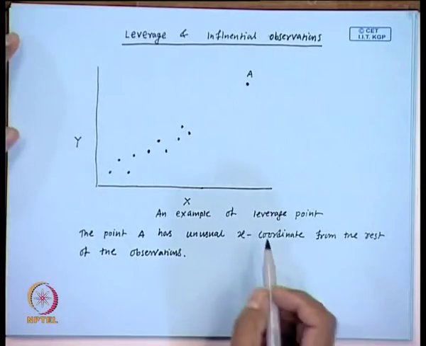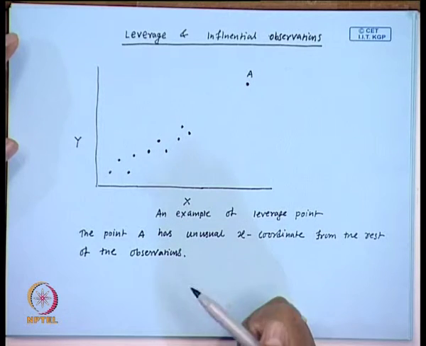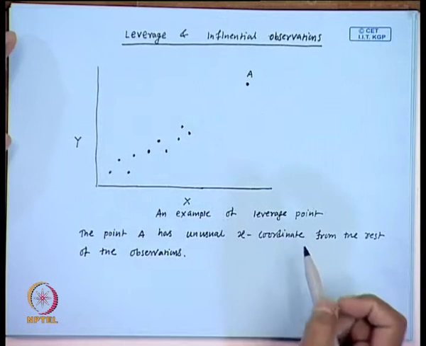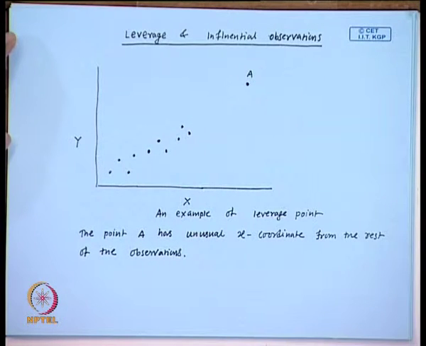Let me just first introduce what we mean by leverage point and influential observation. Okay. So, here is a scatter plot of the observations xi, yi.